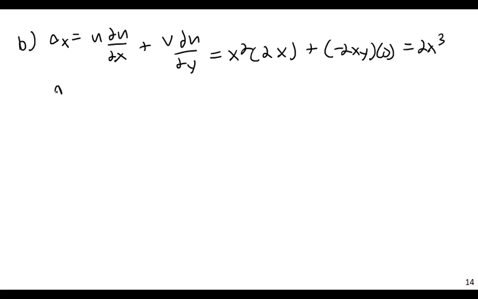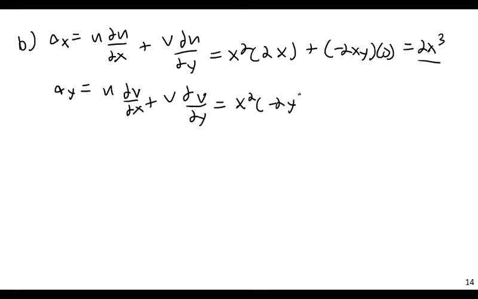And then ay is equal to, maybe I'll just underline that, ay is equal to u times the partial of v with respect to x plus v times the partial of v with respect to y. And this is equal to x squared times negative 2y plus negative 2xy times negative 2x, and this is equal to 2x squared y.